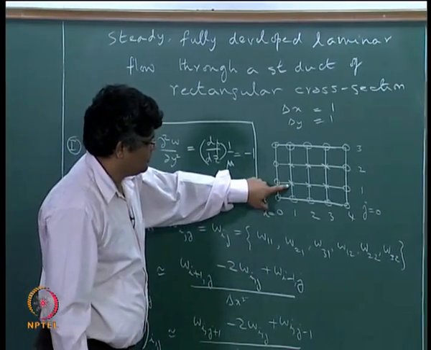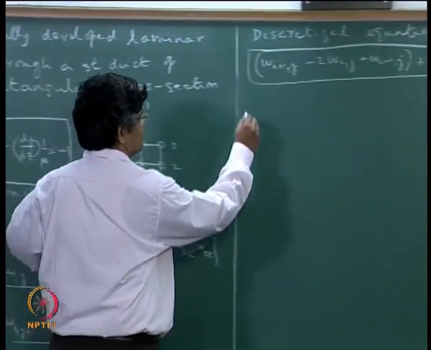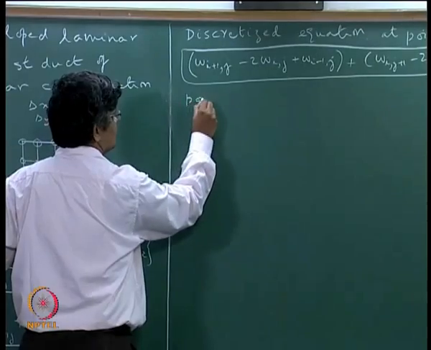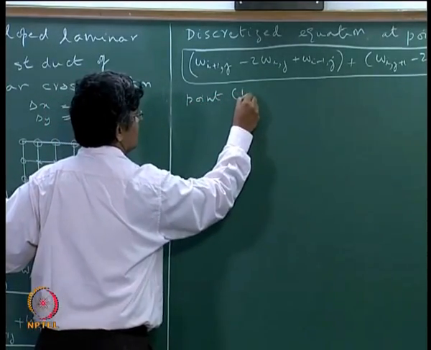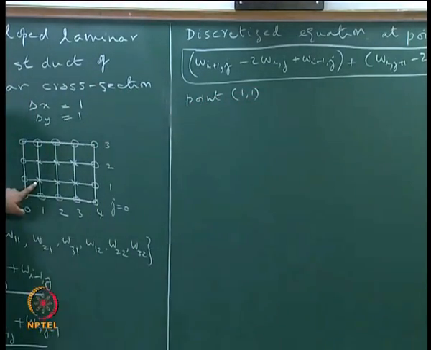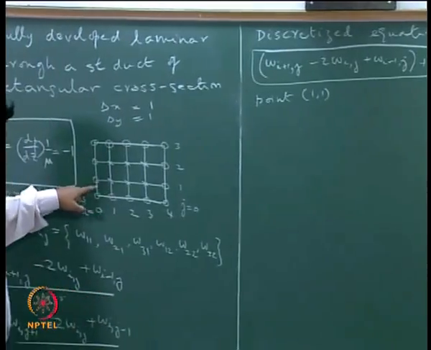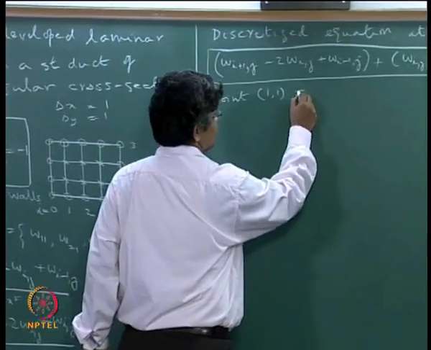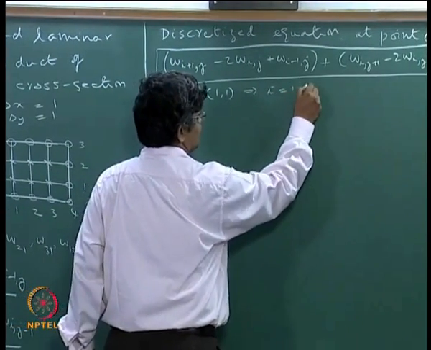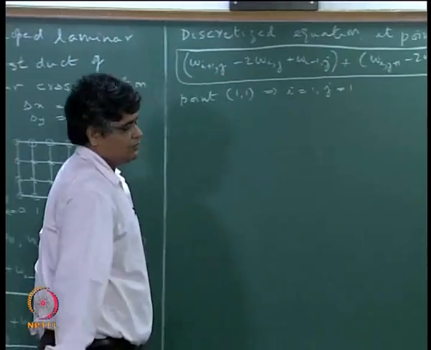So for this point, point (1,1) is this one, where it is 1 in this direction, 1 in this direction. So this means that i is equal to 1, j is equal to 1.